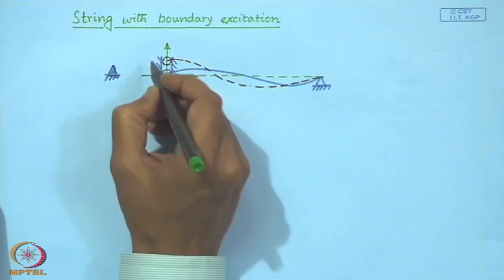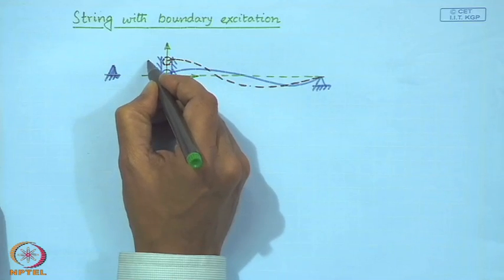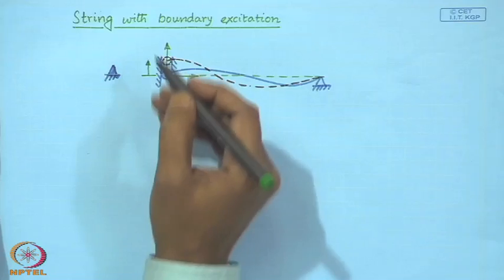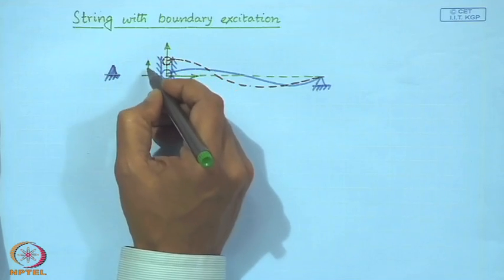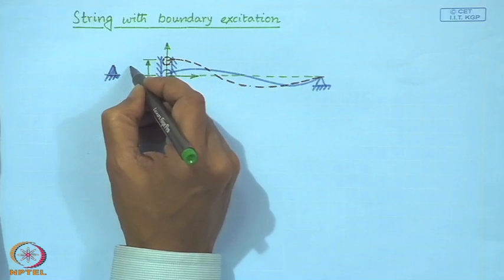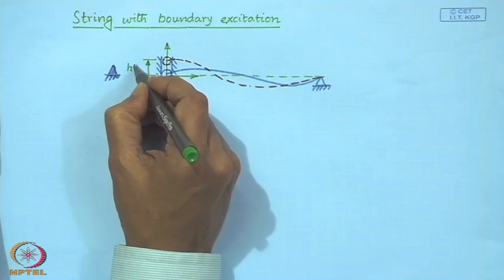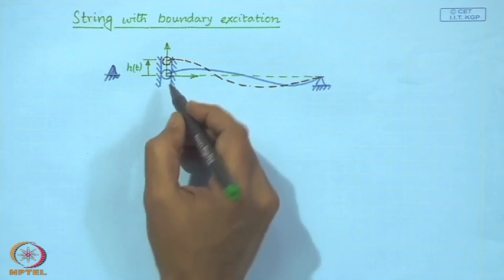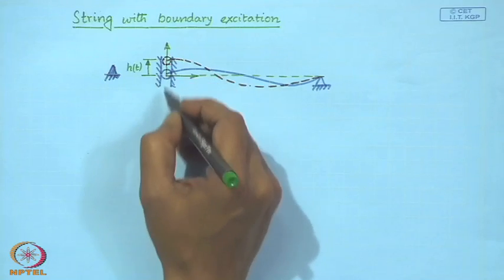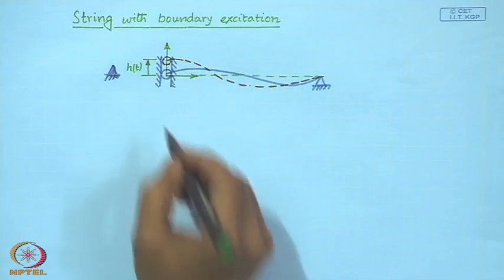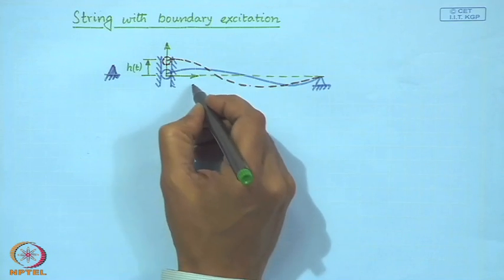So, we will assume that this string is being driven by a robust actuator, which actually gives a displacement condition on the boundary. So, this string is being excited by a system or an actuator which is robustly driving the left boundary.